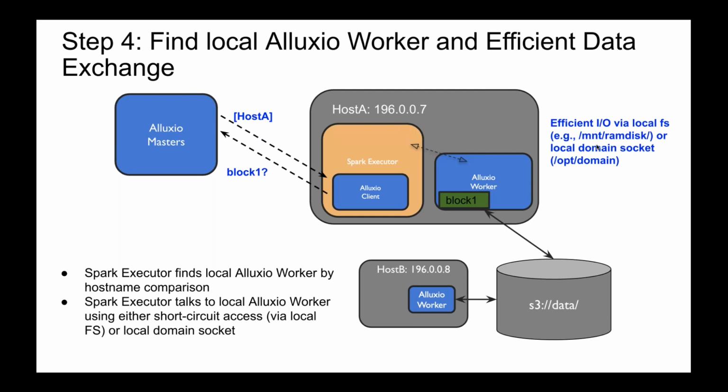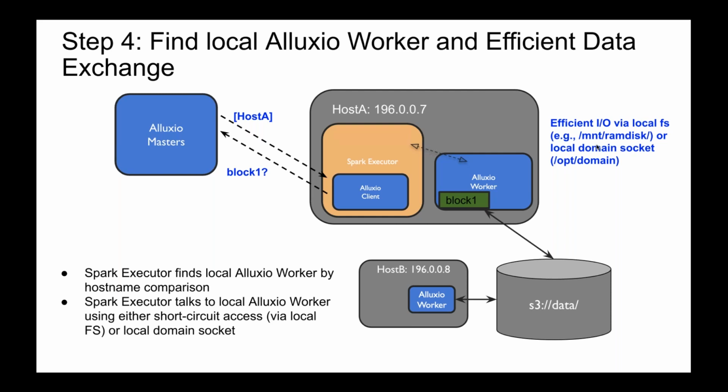In here, it includes efficient data sharing mechanisms, including using the local file system, like a RAM disk. Instead of streaming the data to Spark from the Alluxio worker to the Spark executor, you can just point it to a local file system pointer.